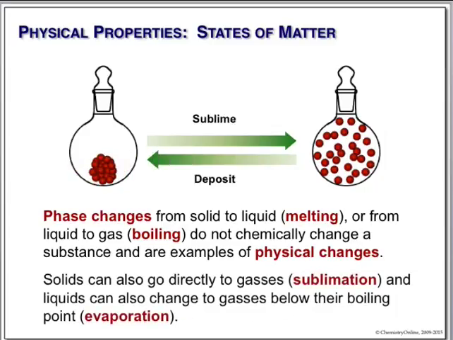That's called sublimation. All of these phase changes take place at defined temperatures. And these are unique for every substance. We'll see why, because the things that define whether we're a solid, liquid, or a gas are unique to the substance itself.